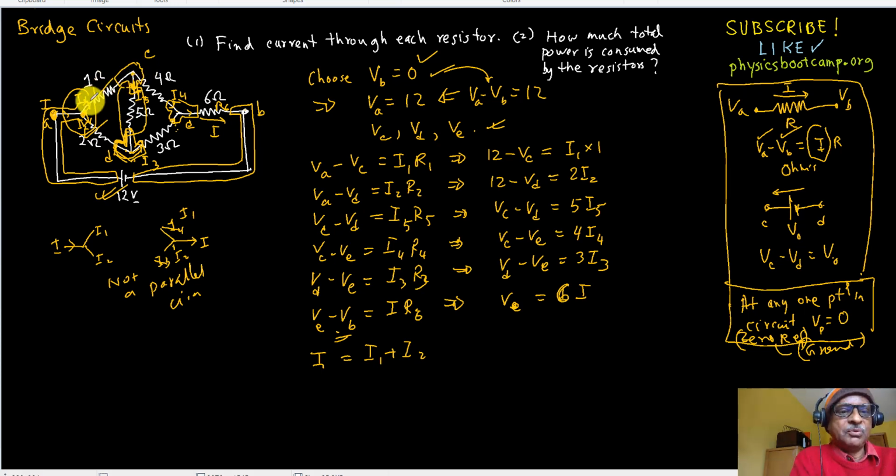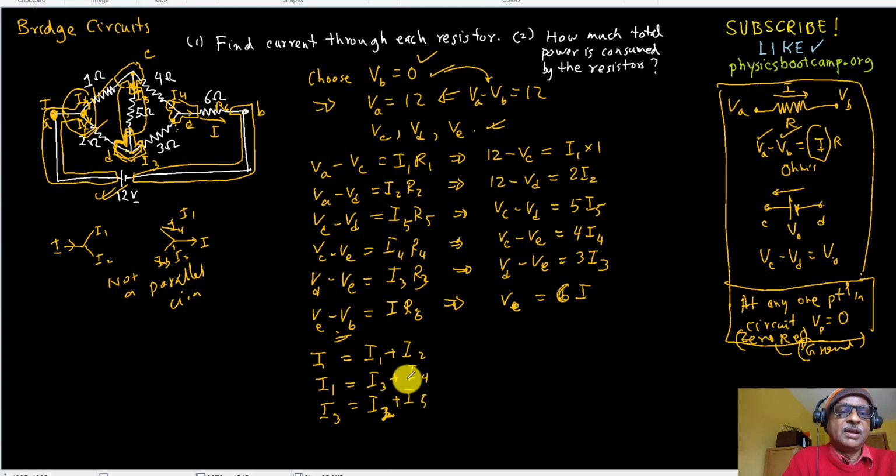Another thing I notice is over here it is splitting, so we have I equals I1 plus I2, and then over here I1 comes in and splits into I3 plus I4. So this is current conservation. Over here, I3 is equal to I2 coming in and I5 coming in. These are coming in, so they must add up.